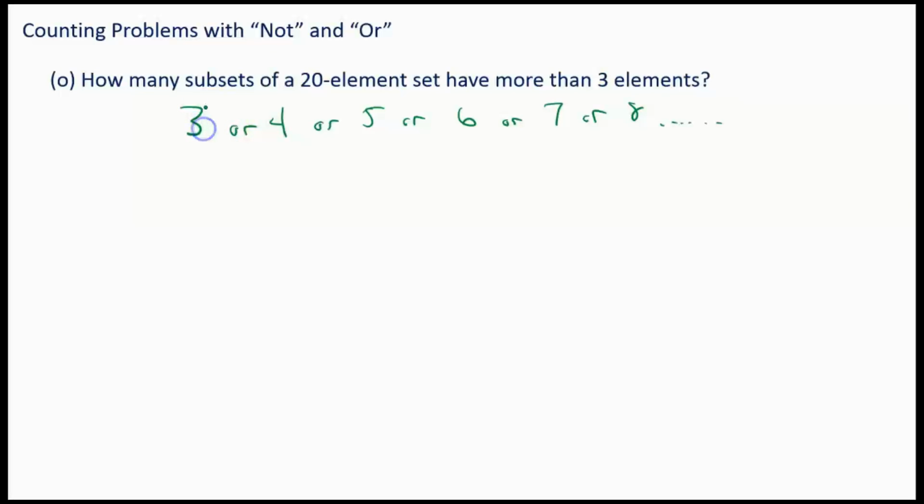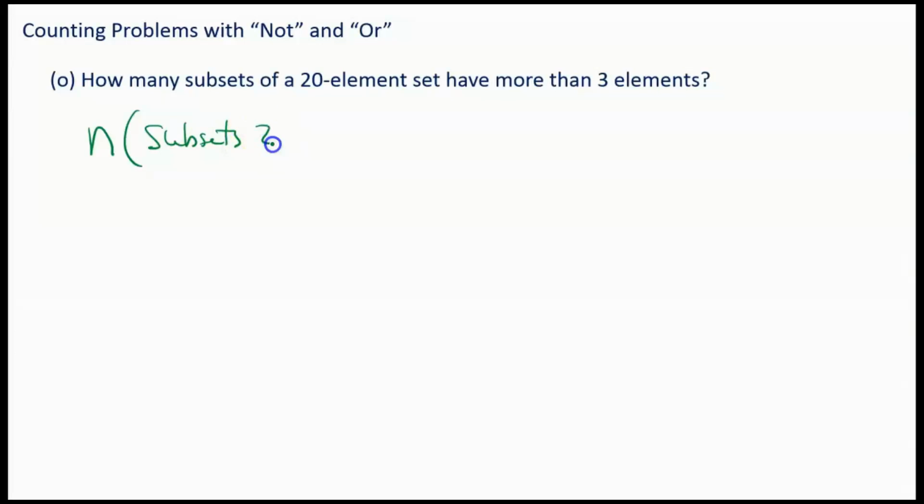So if we could figure out how many subsets, first of all, are in a 20-element set. So first we're going to find the number of subsets of a 20-element set and subtract out. Now what are we going to subtract out? Well, what is the complement of more than 3 elements?